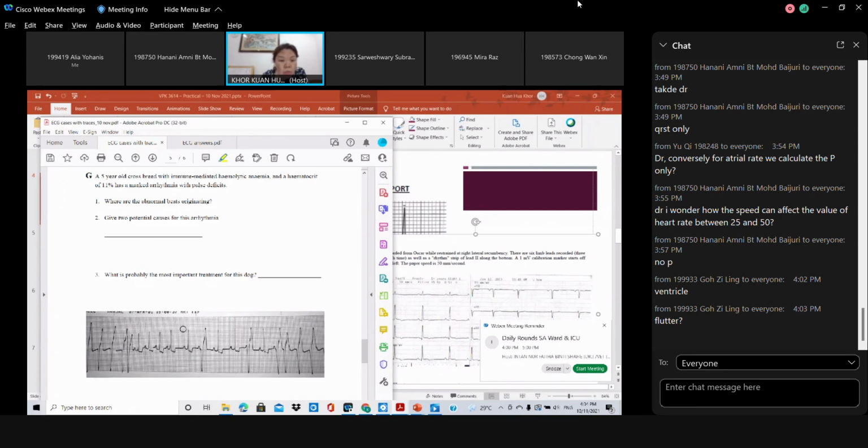Okay, let's say if you want to practice, let's say this paper speed was 50 millimeter per second. I'll count you 30 boxes.